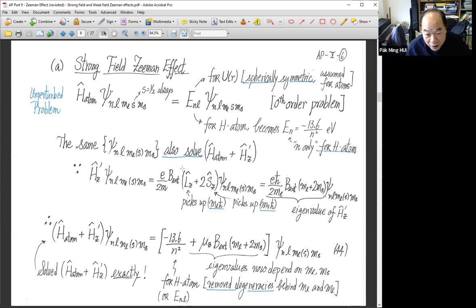So perfect. This add on this quantum number gives us ML h bar. This add on the spin part picks up 2ms because there's a 2 here, h bar.